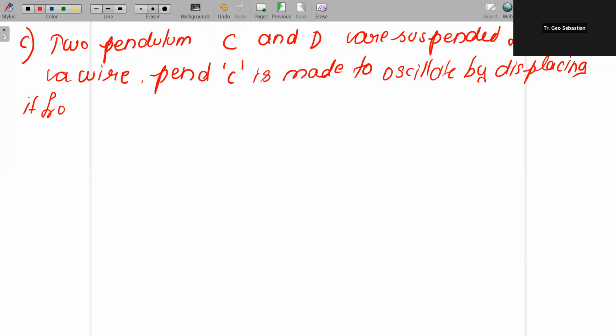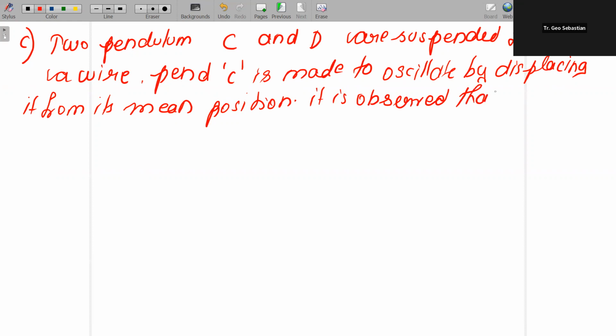It is observed that pendulum D also starts oscillating.